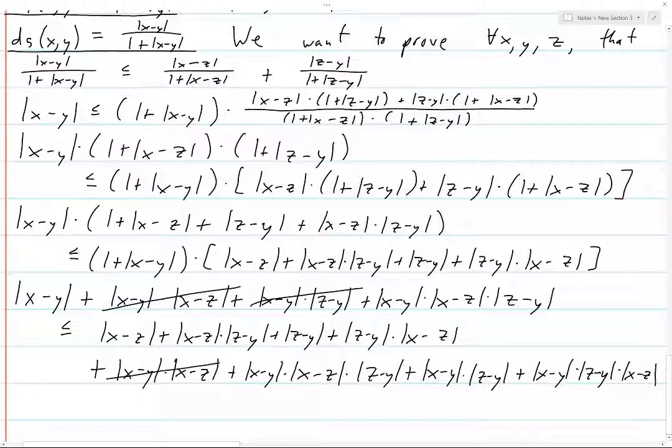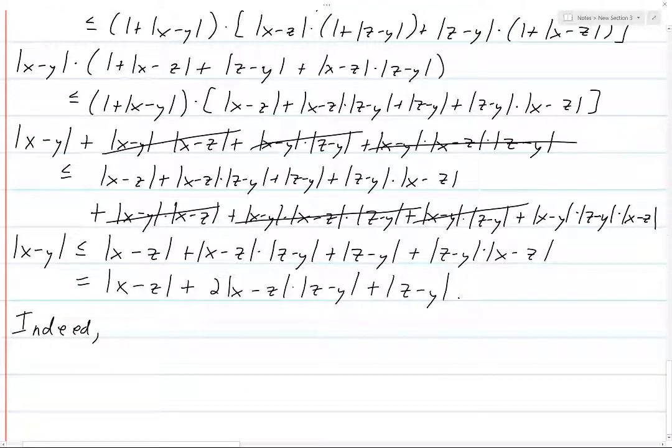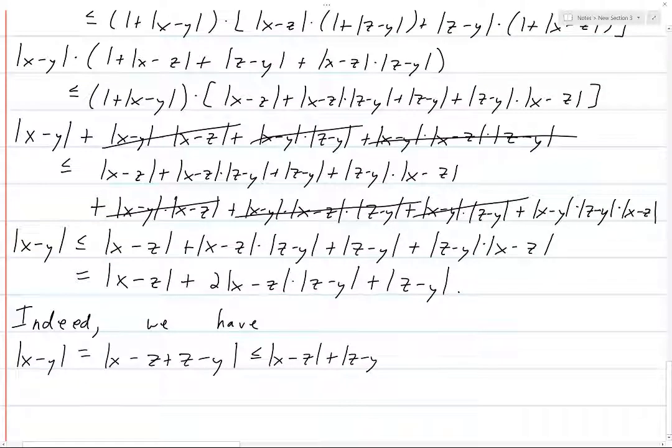And now, indeed, we have x minus y is equal to x minus z plus z minus y, which is less than or equal to x minus z plus z minus y by the triangle inequality for absolute values.